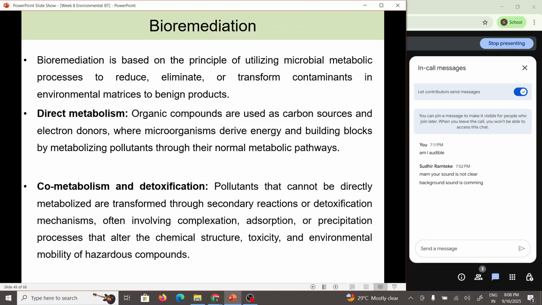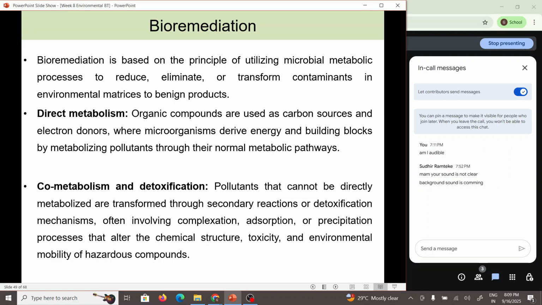So that we call bioremediation, and the scope of remediation in this field is either to reduce, eliminate, or transform contaminants. So in some cases we will just be able to reduce the contamination. In some cases we'll be able to completely eliminate the contaminants, or in other cases we will try to transform the contaminants into some non-toxic form. So these are the different scopes of bioremediation.